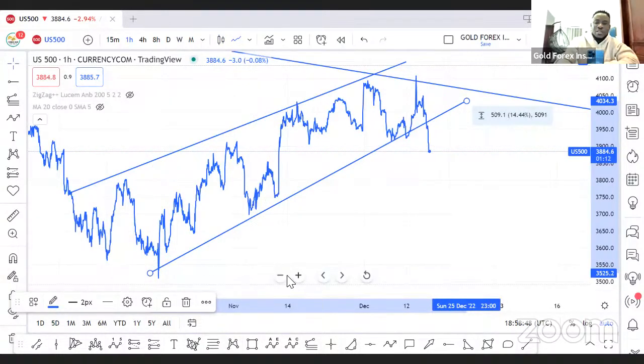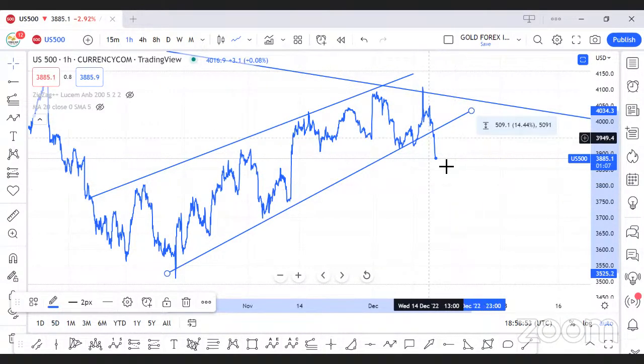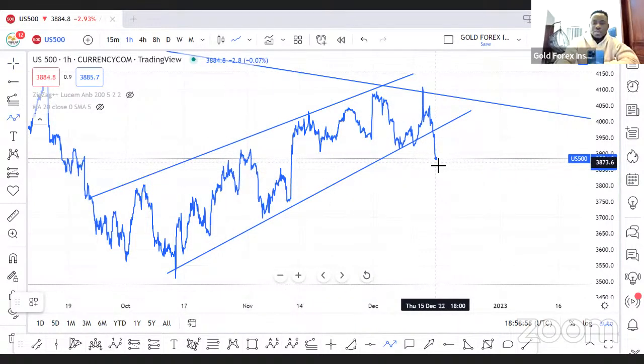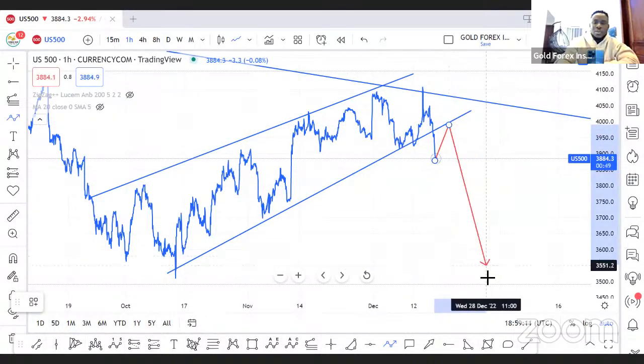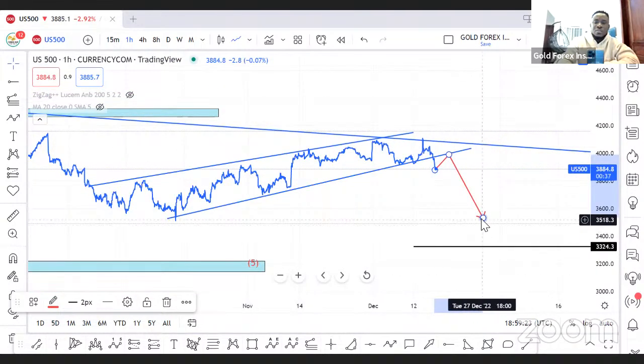When I'm drawing a channel or whatever, I use a line chart. Okay, so this is giving us an impulsive leg. We are expecting maybe it can come here, or maybe a correction. Maybe the Asian session can give us a correction, and we drop all the way down. You can use it as your take profit 1, and it goes to this level.